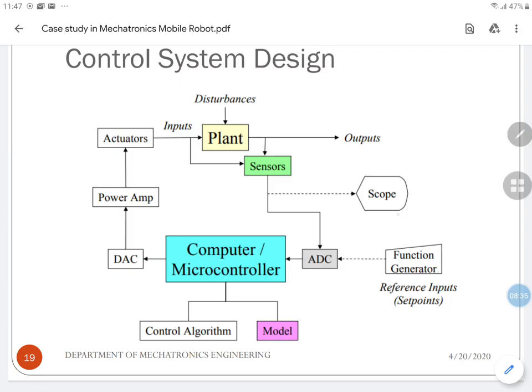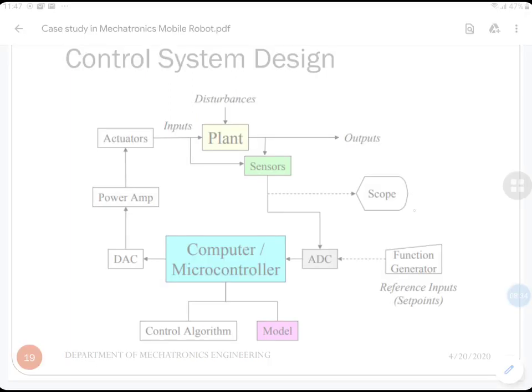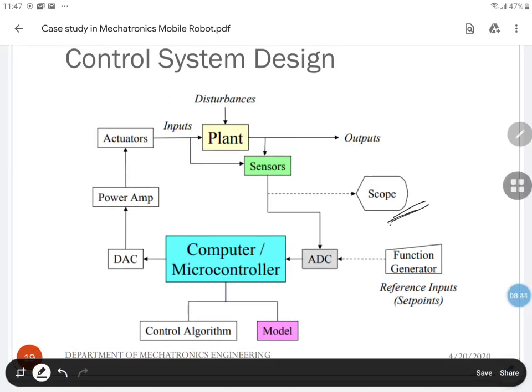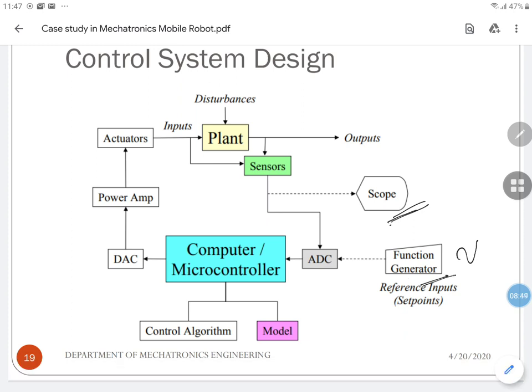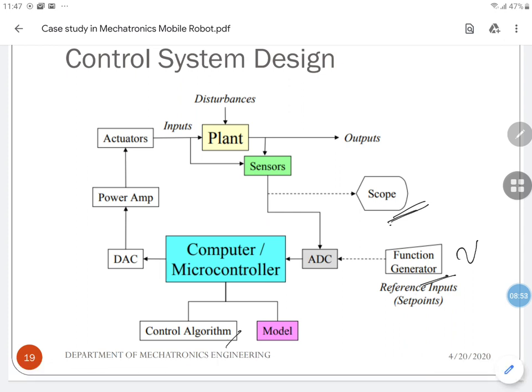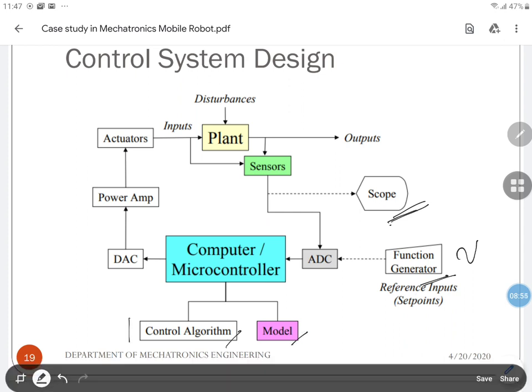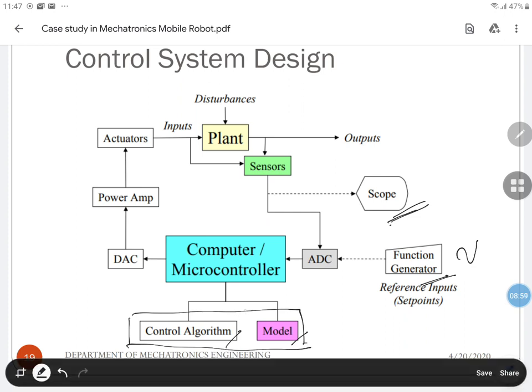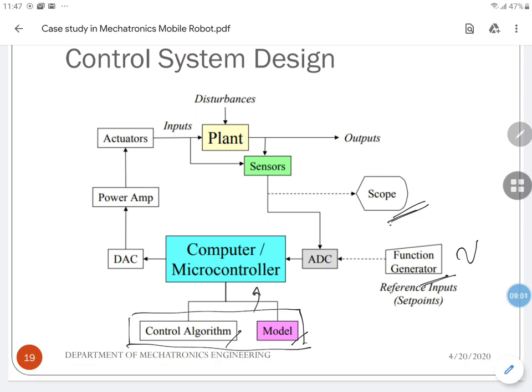Then a function generator, which may be AC, DC, or anything. So these are basically DC set points. So a control algorithm and a model are the basic two things which are needed for a control system design.